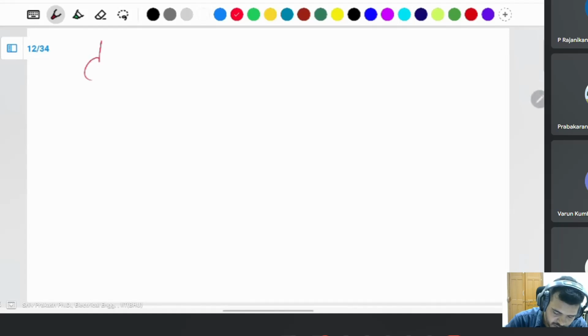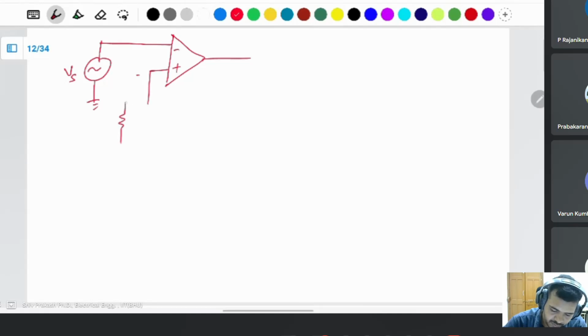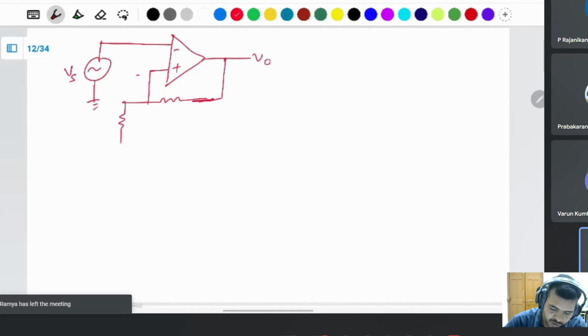Suppose there is a source voltage Vs, a variable voltage, not a fixed voltage. The output voltage is VCC.